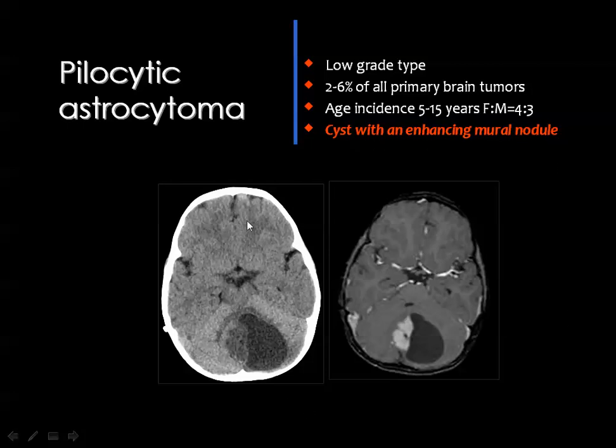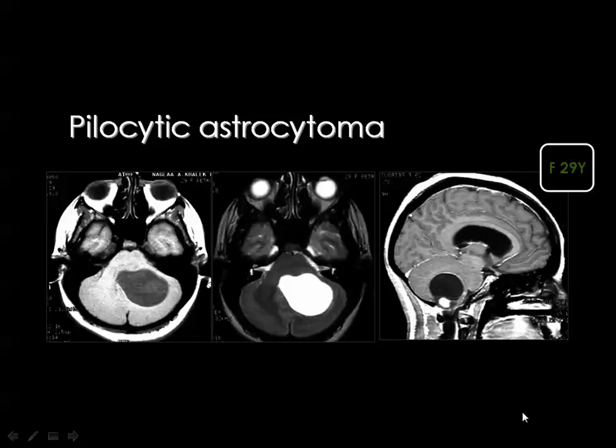You can see the CT scan without contrast injection and the T1 weighted post-contrast MR image showing a cystic lesion in the cerebellum, in the posterior fossa, and this cystic lesion has an enhancing mural nodule. This is one of the common diagnoses in the pediatric age group and also in some adult patients, but this lesion is usually seen in the pediatric age group.